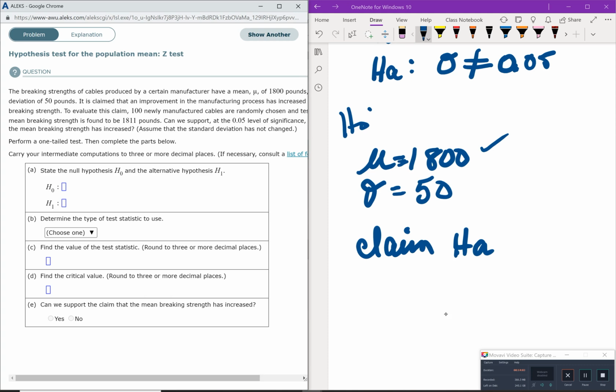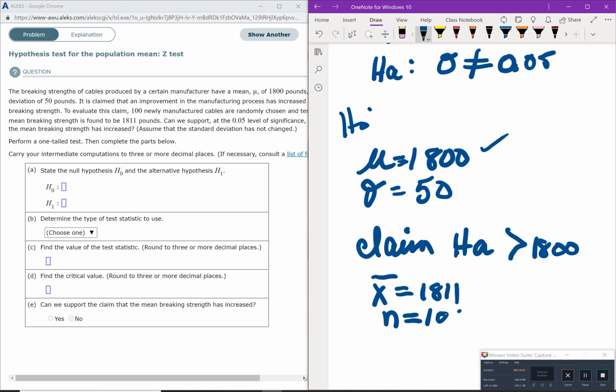Can we support at the 0.05 significance level that it has increased? So that is that this is greater than 1,800. Okay, and we know that this is the sample mean at 1,811, and the sample size is 100. It's stated in the question, right?